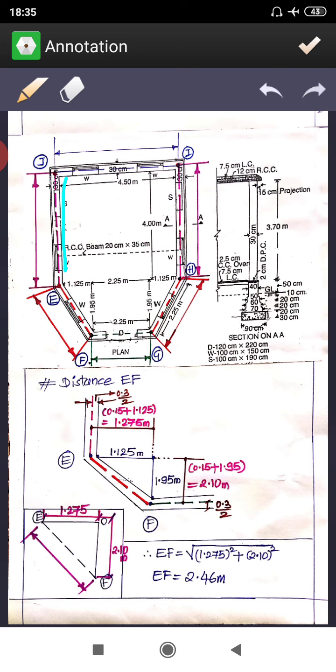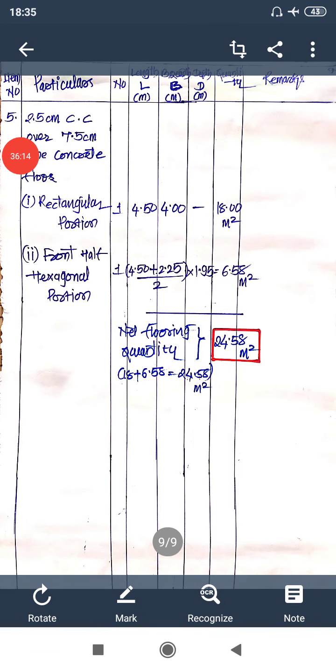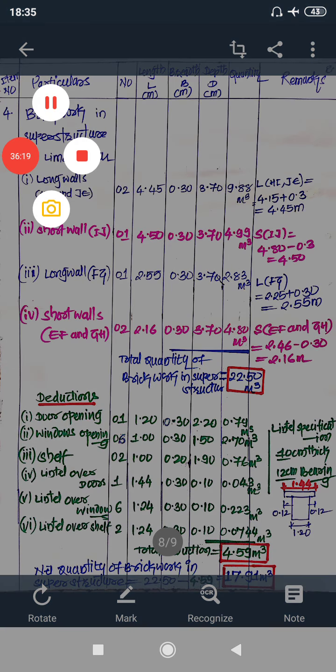Then one more portion you can take, here you can take this portion, here you will be having 4.50 and here you will be having 2.25, so you can take the average of these two, then you can multiply that with this 1.95, then you'll be getting 6.58 square meters.